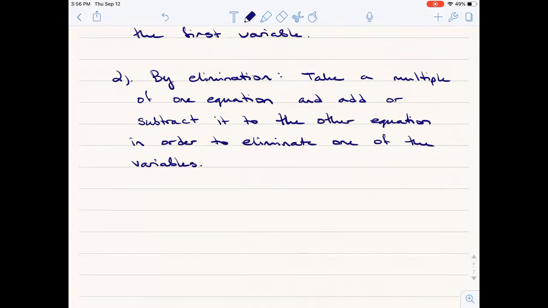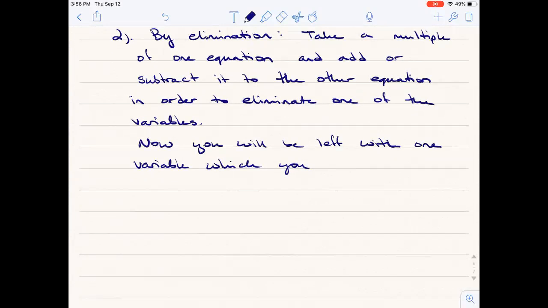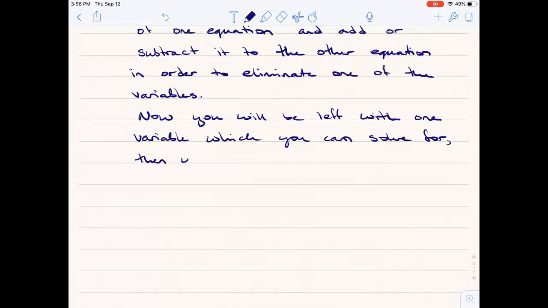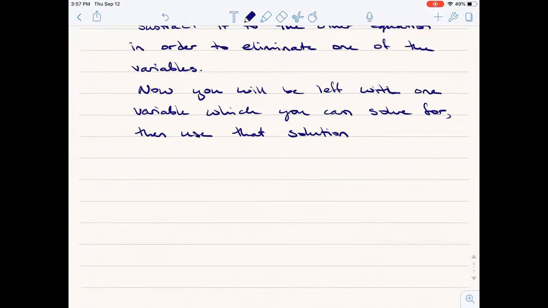Now you'll be left with one variable that you can solve for, and then use that solution to solve for the other variable. Okay.